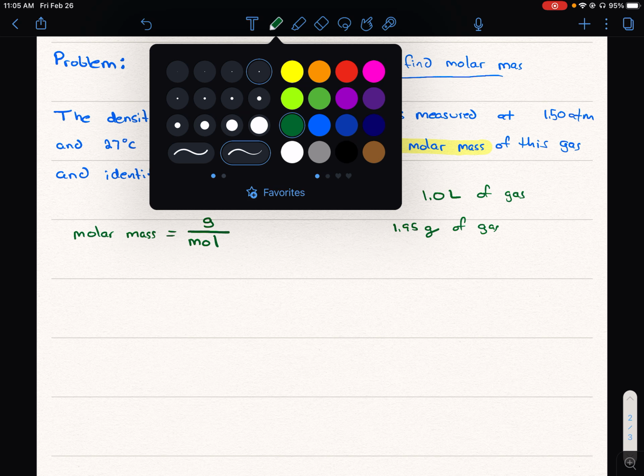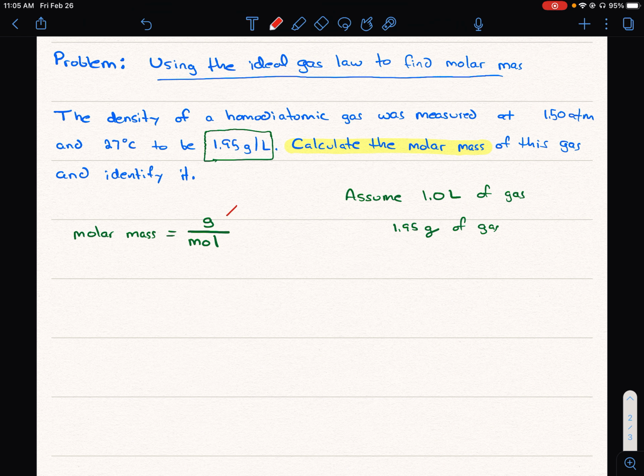If we assume we have 1 liter, then we know we have 1.95 grams. That means we already have the top of our molar mass. This top grams is 1.95 grams. So what's left to do is to calculate the moles. So this is really the problem. How many moles of gas do we have under these conditions?